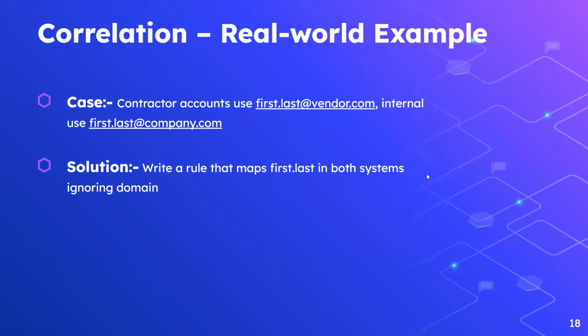Okay, let me understand that one more time. So contractor accounts use first dot last name at vendor.com. Internal use first dot last at company.com. Solution, write a rule that maps first dot last in both systems, ignoring domain.